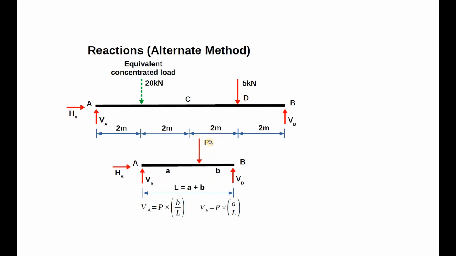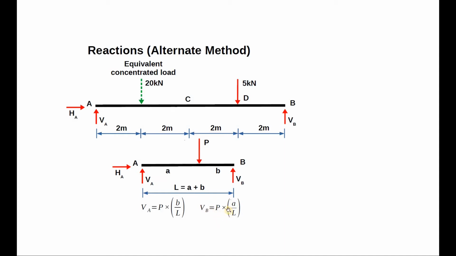You can also see here that load P is closer to support B, which means that VB will be more in magnitude than VA. So we can write VA is equal to P into B over L. B over L over here determines the proportion by which the load gets shared to VA.